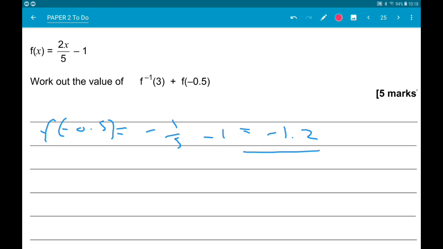Now to find the value of f inverse of 3, we need to find f inverse. So, some teachers will tell you to call your function now y, but don't, just call it f. So, f is 2x over 5 minus 1.